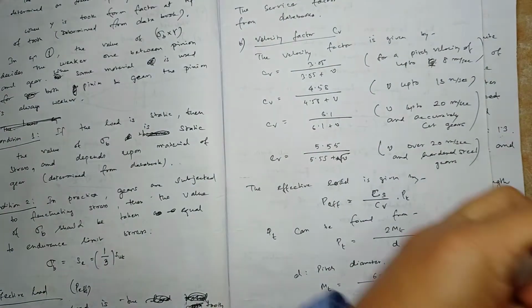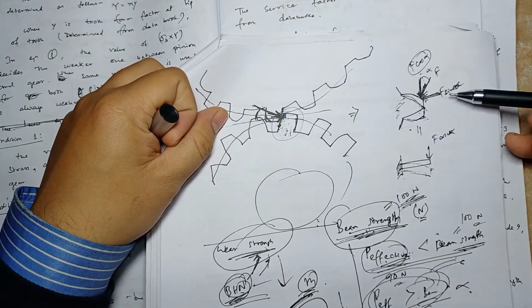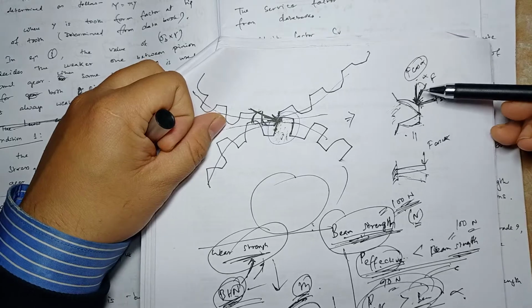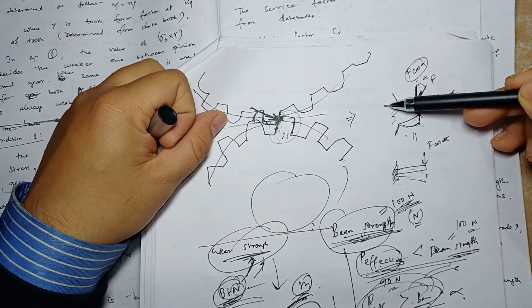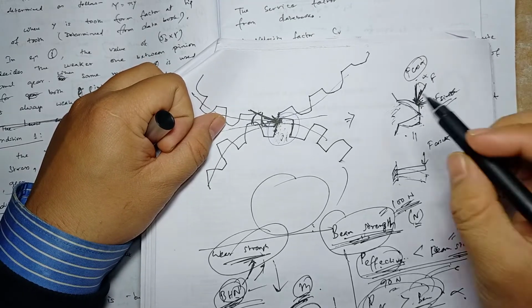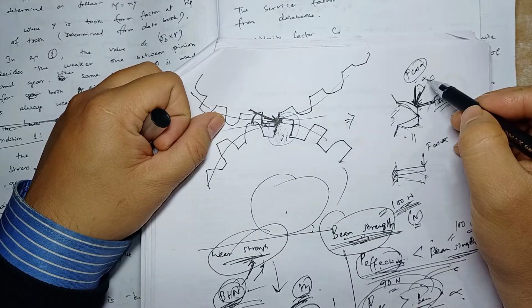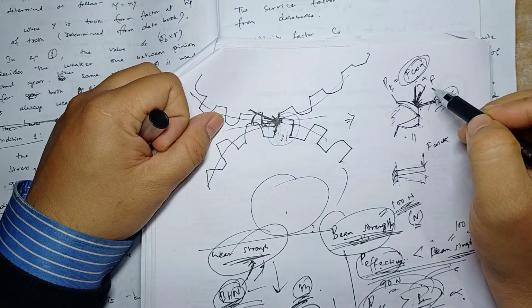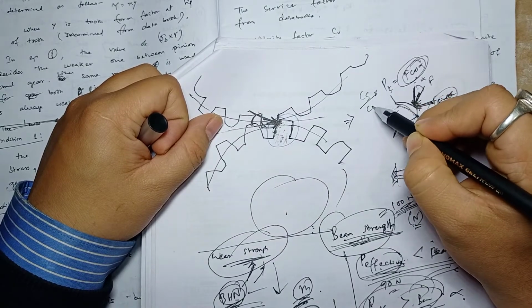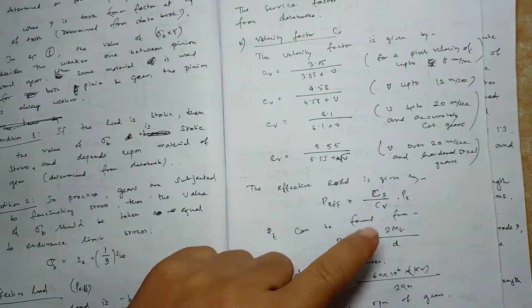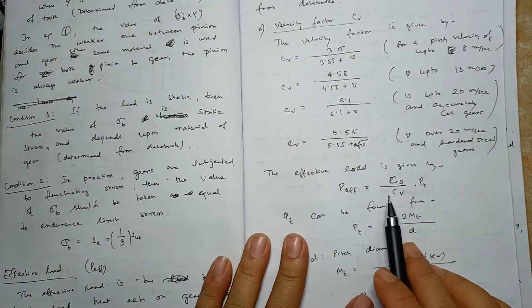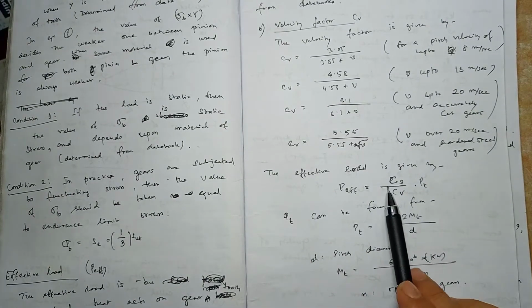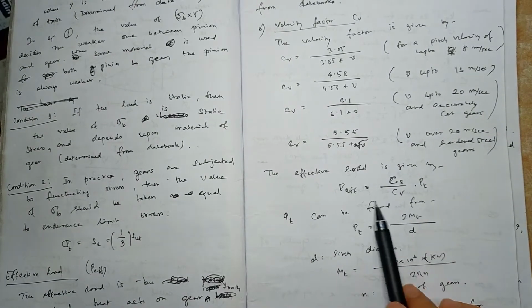After resolving, we get this tangential force and the normal force. The normal force is cancelled out, but this tangential force remains. This PT multiplied by the two factors is your effective load. This is for the beginning, initial part.